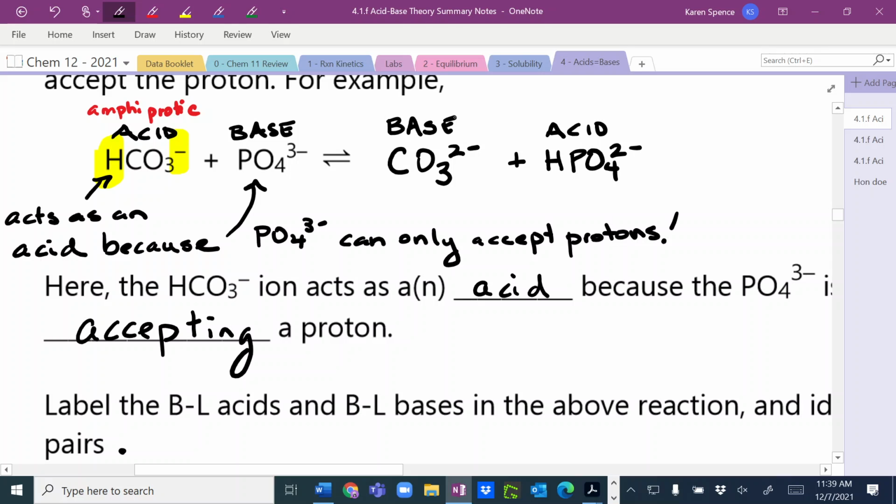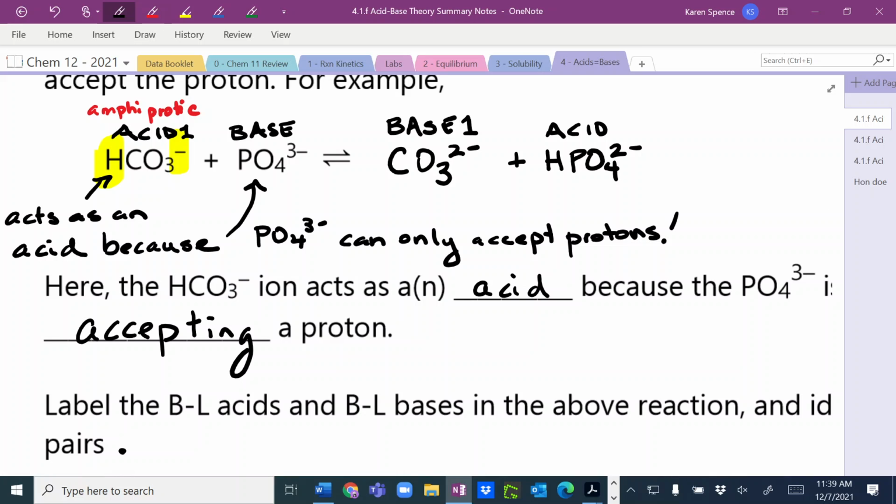And if we were to identify our conjugate acid-base pairs, we're going to call HCO3 acid 1, and its conjugate base is going to be base 1. Yes, because that goes together as a pair. The reason I'm doing this is one of my answer keys shows conjugate acid-base pairs this way.